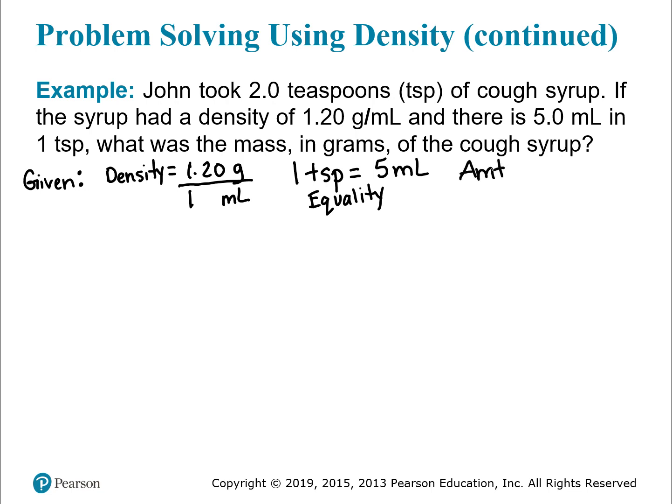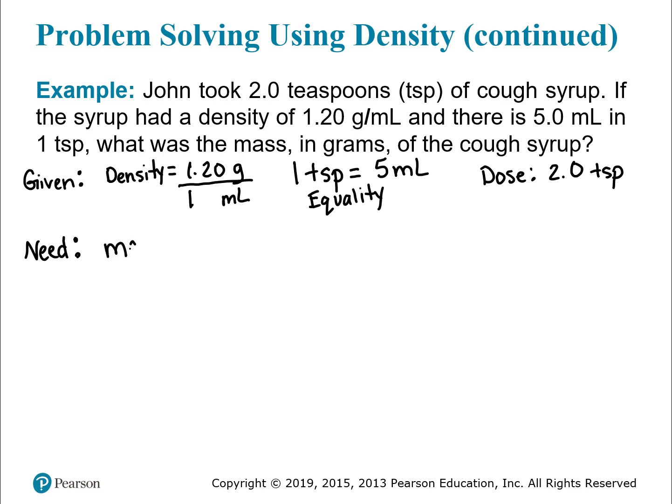So we'll call that the dose. The dose that John took was 2.0 teaspoons. What do we need?